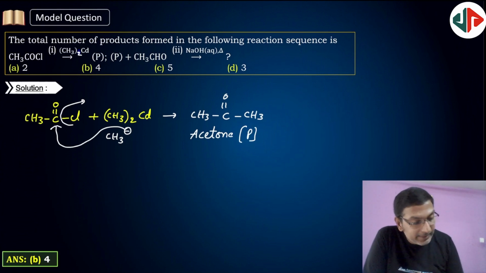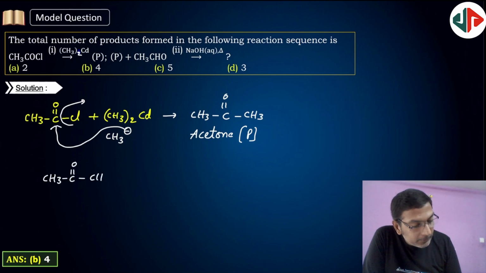Next P plus CH3CHO, acetaldehyde. So first acetone, which is P, and the next acetaldehyde.